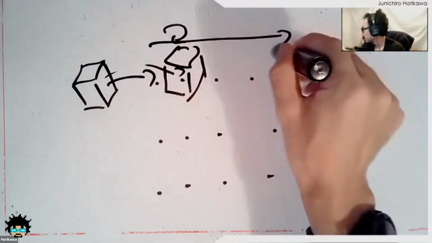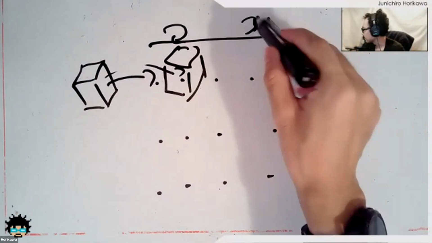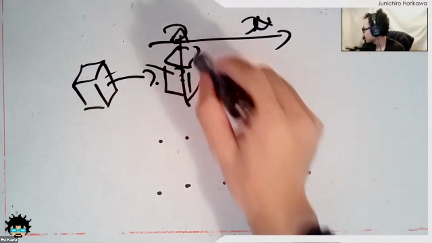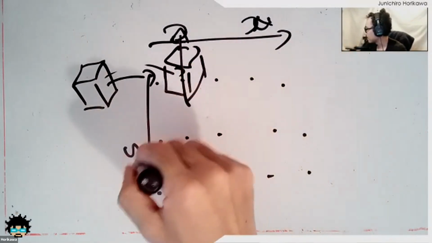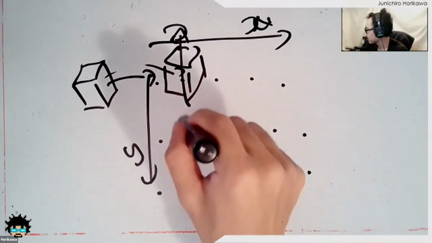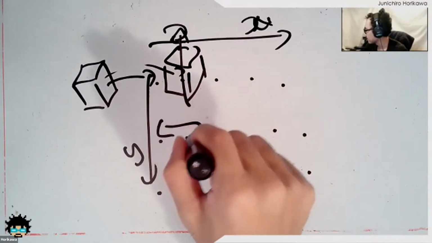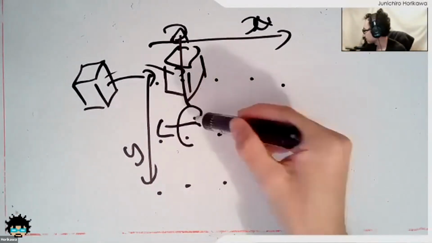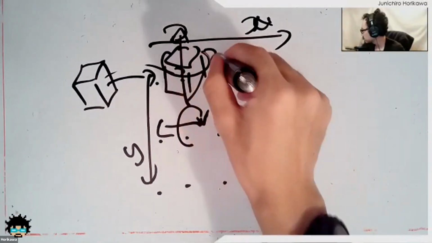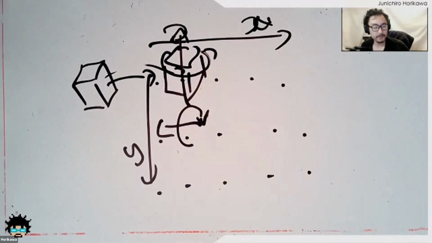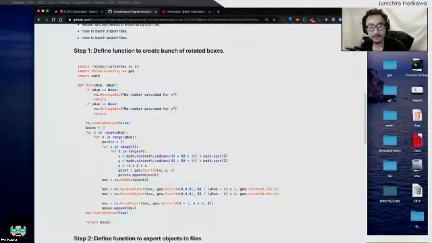For the x-axis, I'm going to rotate the box using the z-axis. For the y-axis on a grid, I'm going to rotate the box using maybe the x-axis, something like this. So keep that as an image and let's try to code that up.